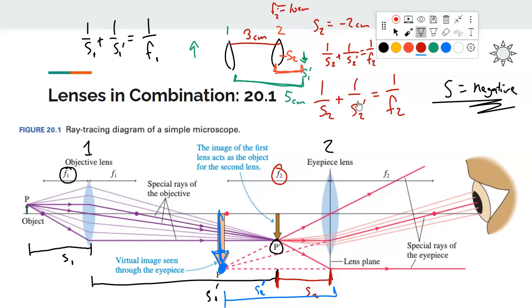And that would tell us the position of the image that we would actually see through this combination of lenses. And if it were positive, that would be to the right of the lens, and if it were negative, that would be to the left of the lens, right? And if it were positive, that would tell us that this would be a real image, whereas if it's negative, that tells you that it's a virtual image.